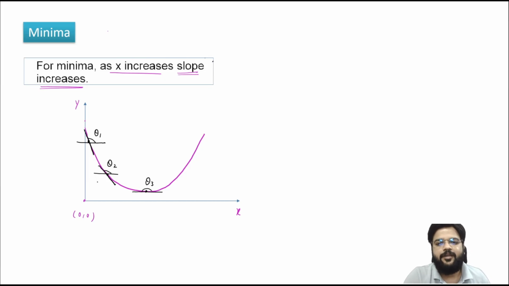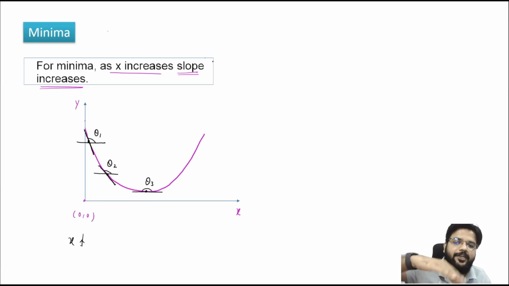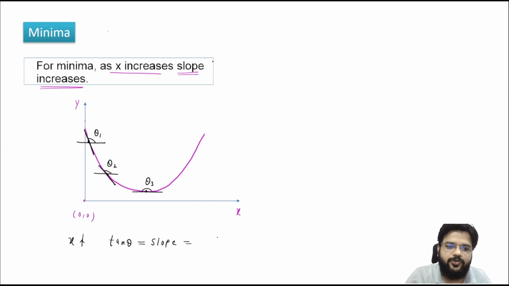So what is happening here? When x is increasing, when we are moving in the x direction, this theta is continuously increasing, everyone. If theta is increasing, then tan theta will increase, and if tan theta is increasing, then the slope is increasing, because tan theta is the slope, everyone, and it is equal to dy by dx also.